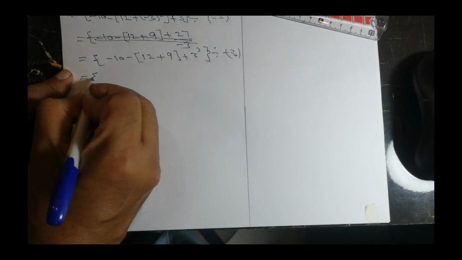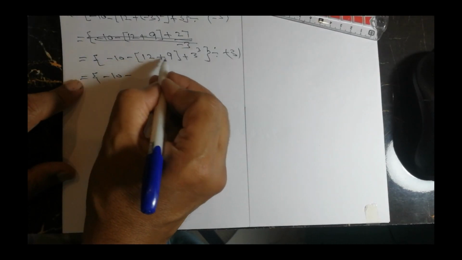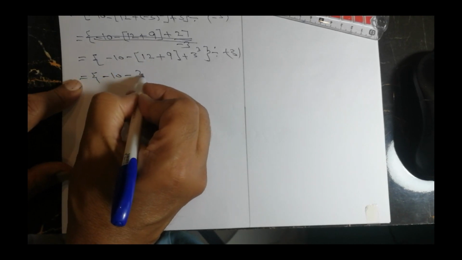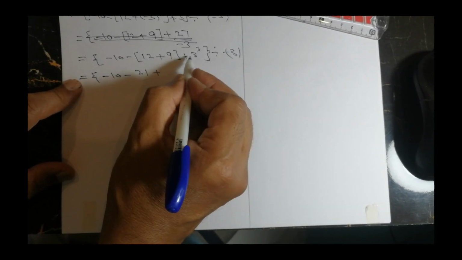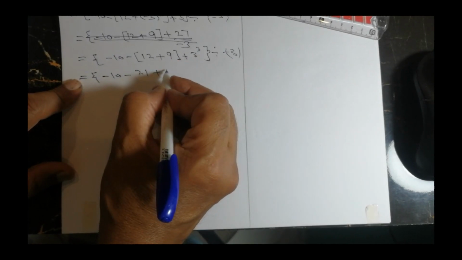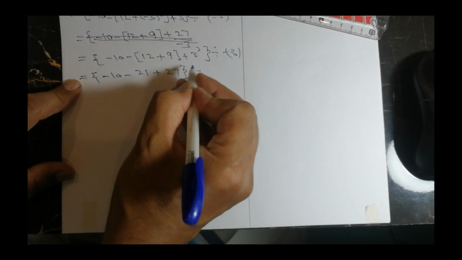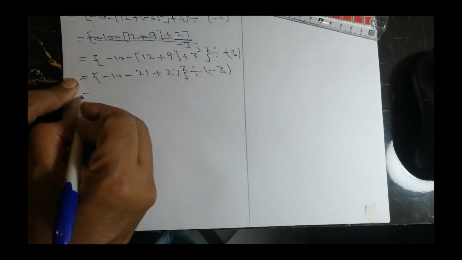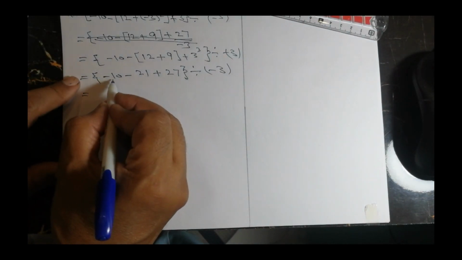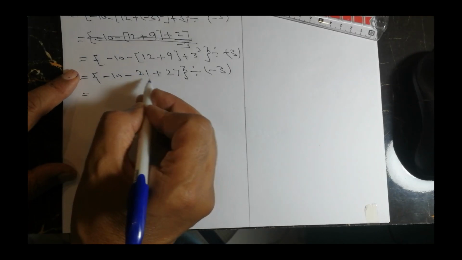So curly braces minus 10 minus 12 plus 9, that is 21, and then plus 3 3s are 9, 9 3s are 27, this is 27 divided by minus 3, and this will be equal to minus 10 minus 21 plus 27.